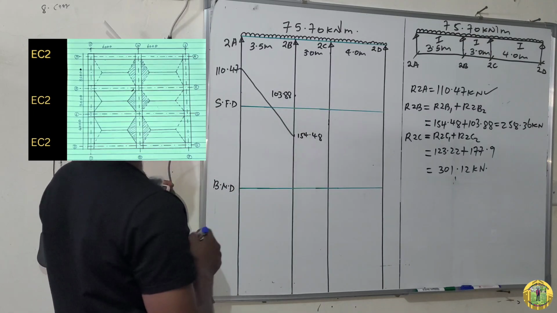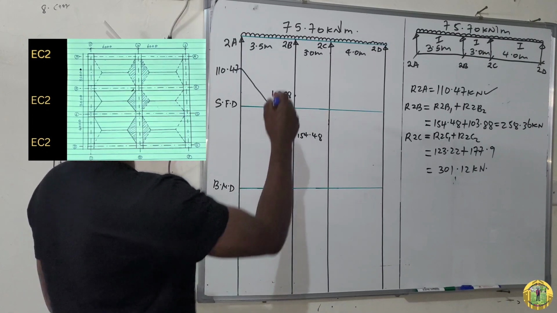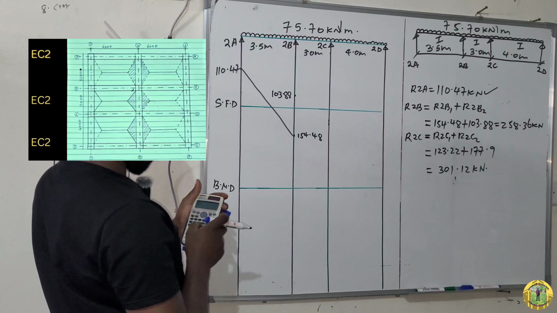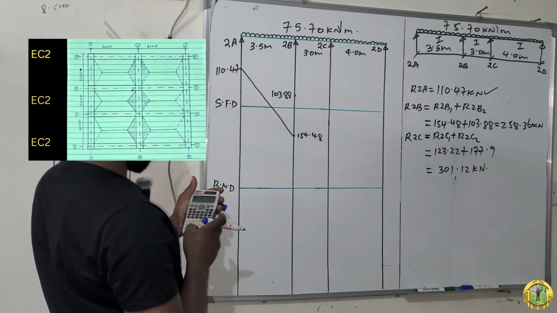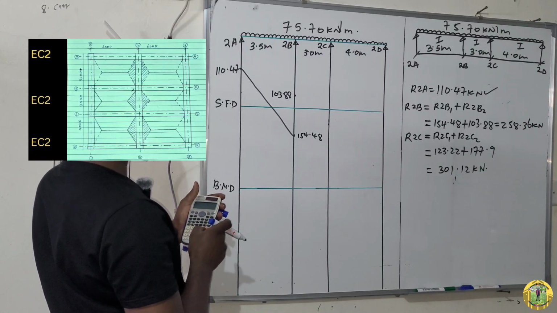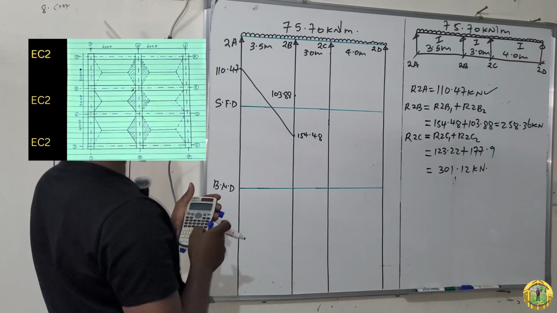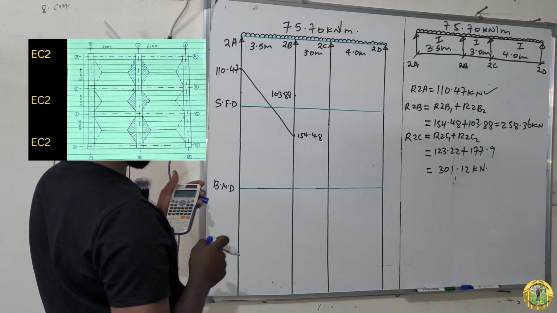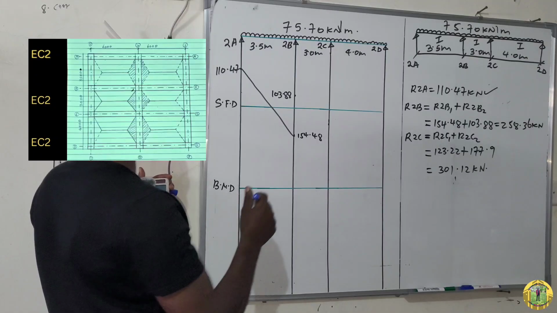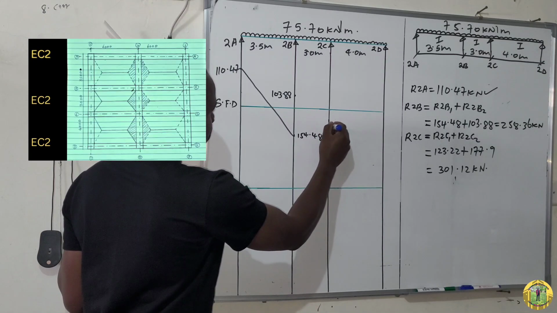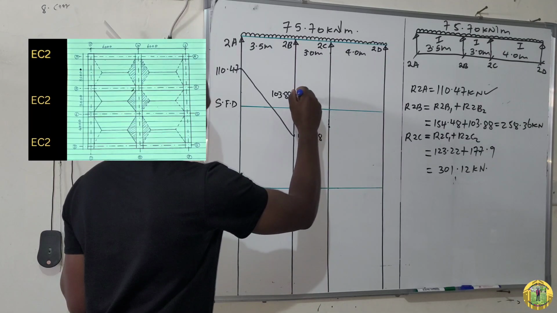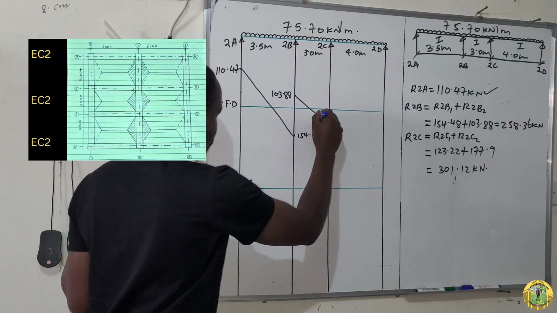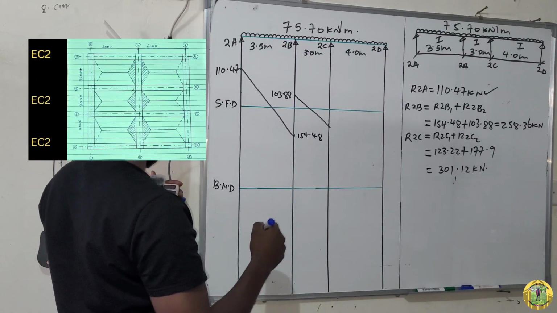Again minus the UDL, which is 75.70 times 3, changing the UDL to a point load. So you will get negative 123.22, around there.